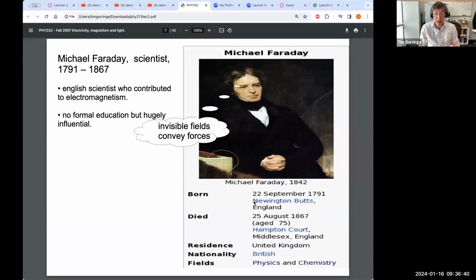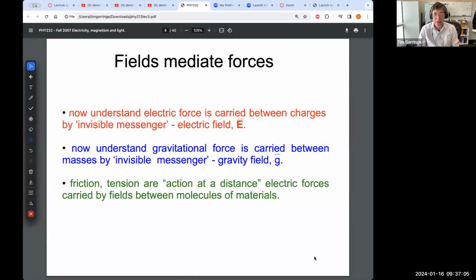He came up with the key idea, the key concept, that these forces like the electrical force and the gravitational force, and also the magnetic force when we meet that, are carried or conveyed or mediated by what we call a field. It's the mechanism. It's how the force works. And so that's what we're going to discuss in some detail.